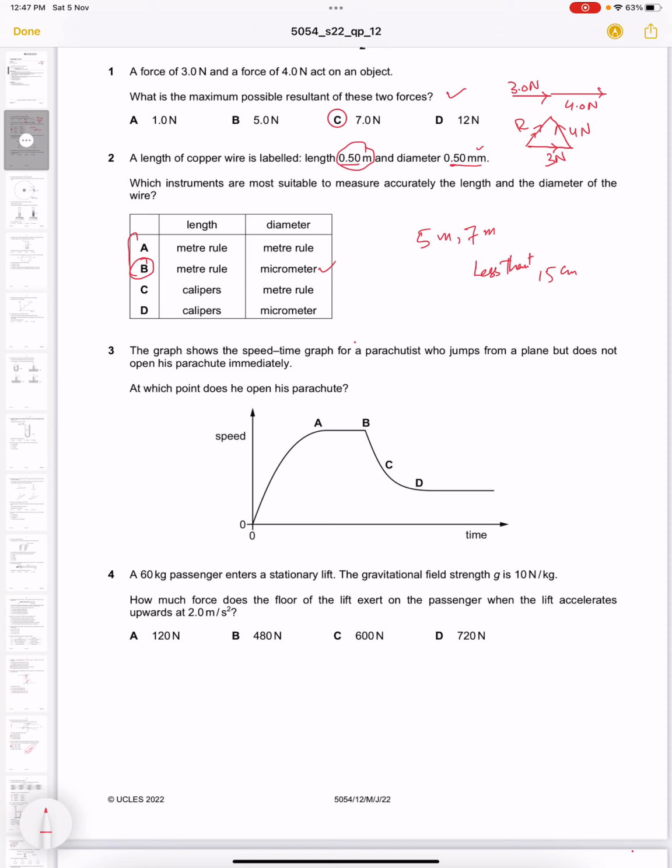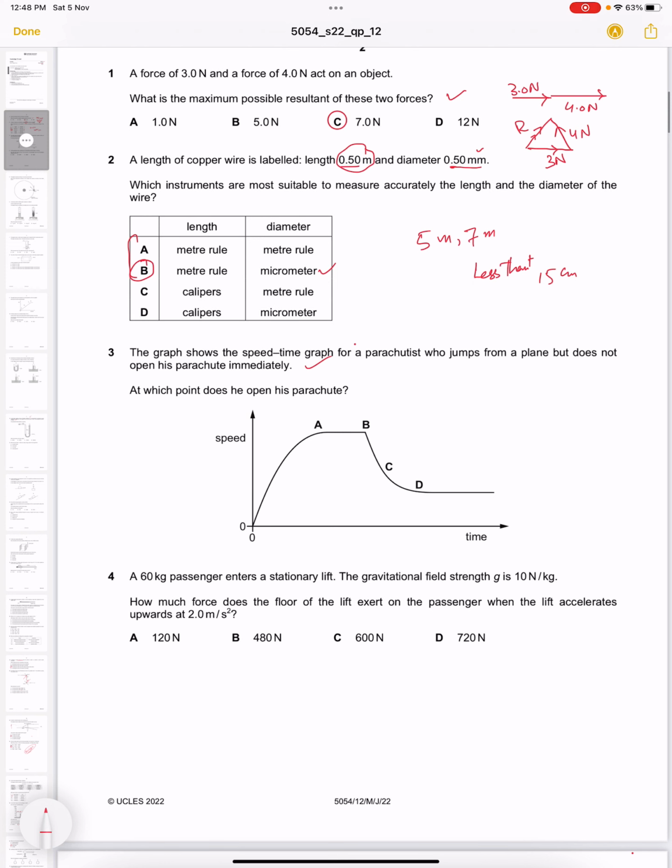The graph shows the speed-time graph for a parachutist who jumps from a plane but does not open his parachute immediately. Whenever a person is falling, initially the motion will be affected by air resistance, so his speed will be slowed down.